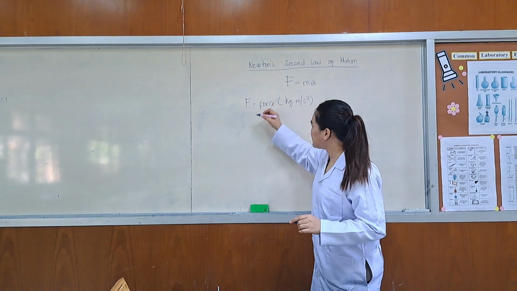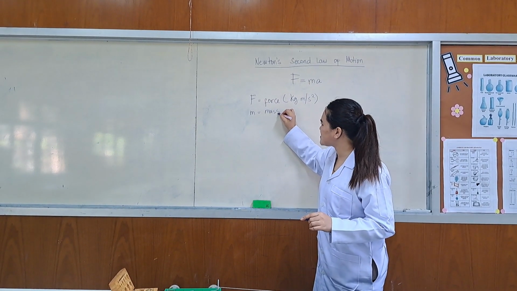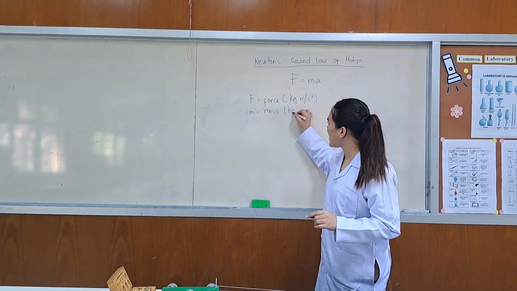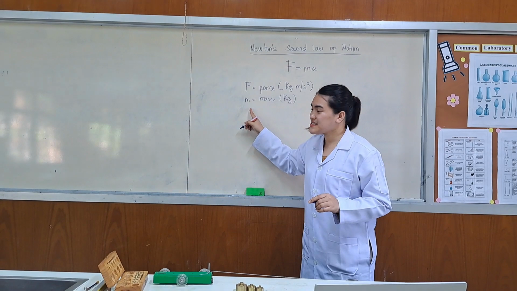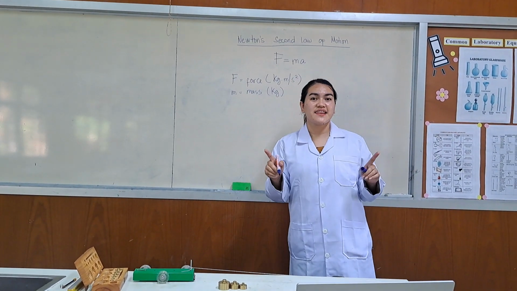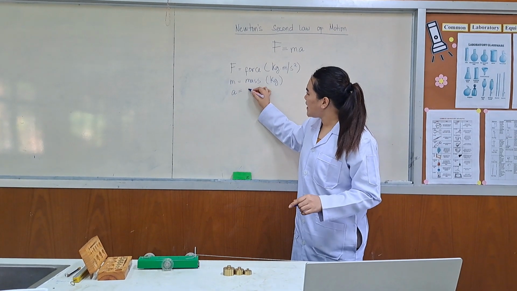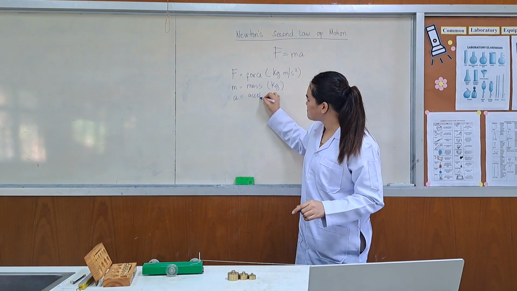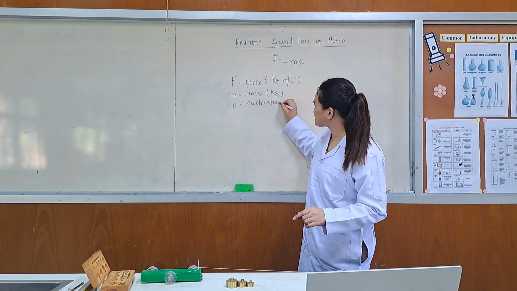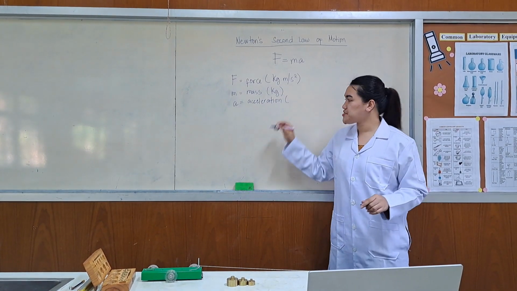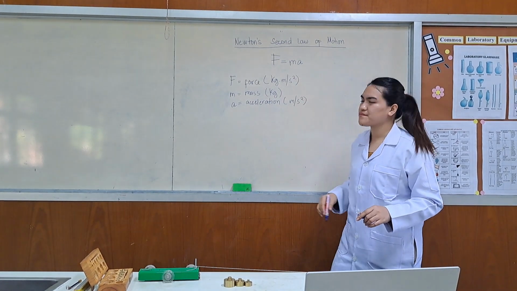Whereas M stands for the mass, and it has a unit, kilogram. And lastly, the A, that is the acceleration. Acceleration has a unit of measurement, meter per second squared.